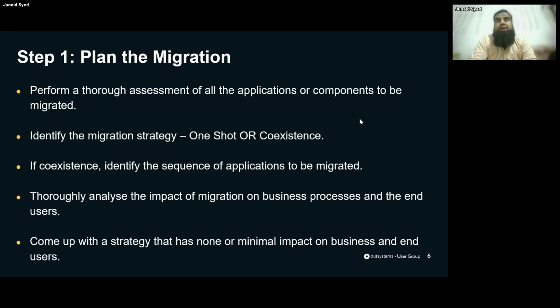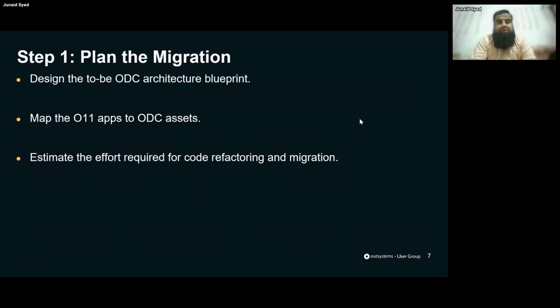They should not have any bad experiences while this migration is happening. And then obviously, to make that smooth migration happen with no impact on the business, we need to come up with a good strategy which has no or minimal impact on the business and the end users. So that is the planning part of the migration.